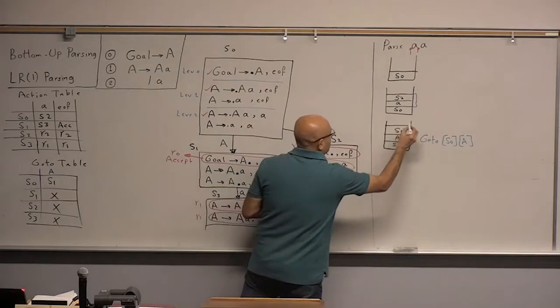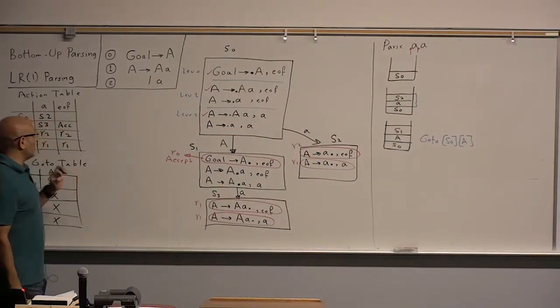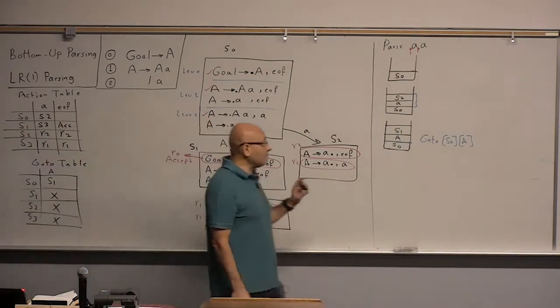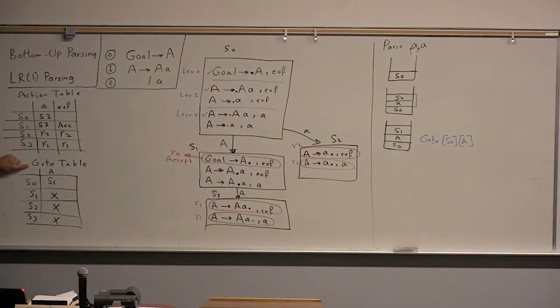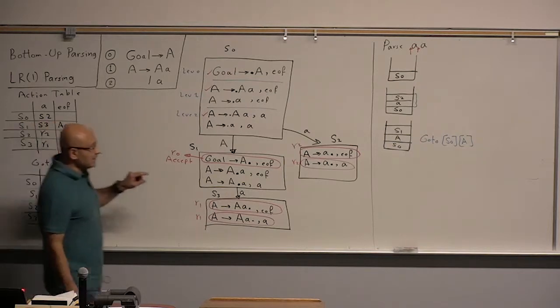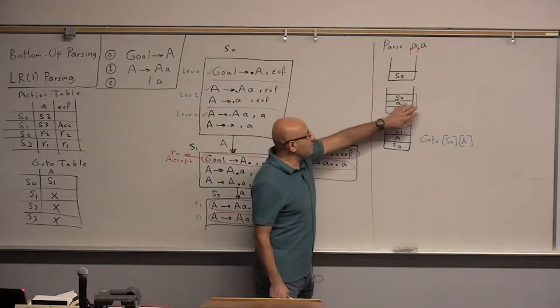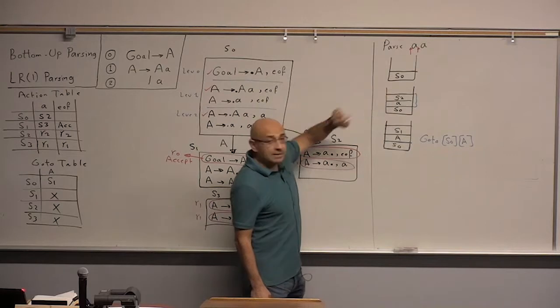Again, this is a tricky part, to decide which state to go to after you make a reduction. And this is the purpose of the go-to table. The go-to table tells you which state to go to after you make a reduction. And the state is going to be determined by the state after you pop off the symbol and the state number.